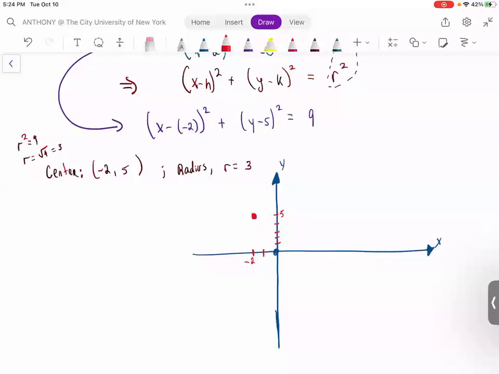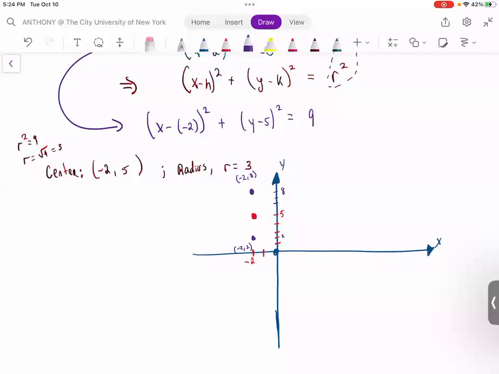So if I went 3 units up of our center point, what would be my new coordinates? That's right. 3 units up will give us -2, 8. What if I went 3 units down of the center point? -2, 2.